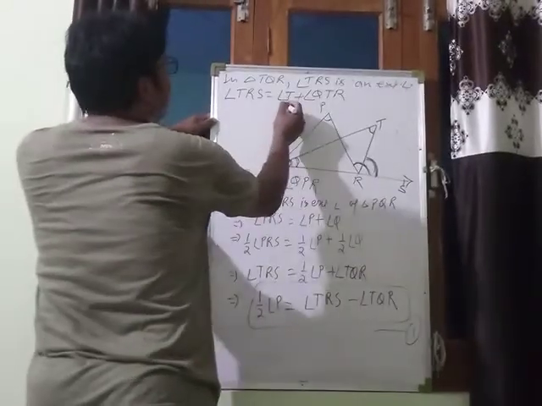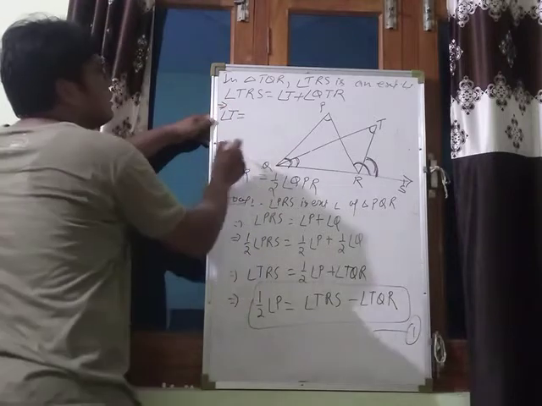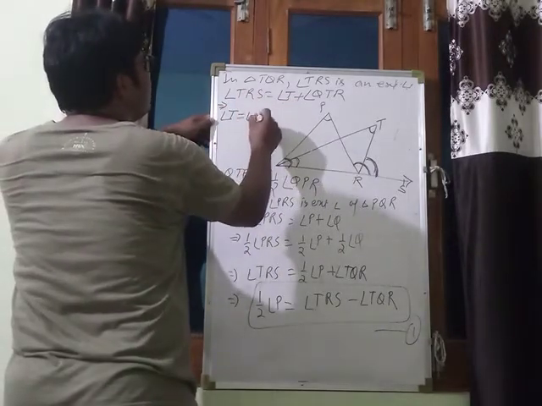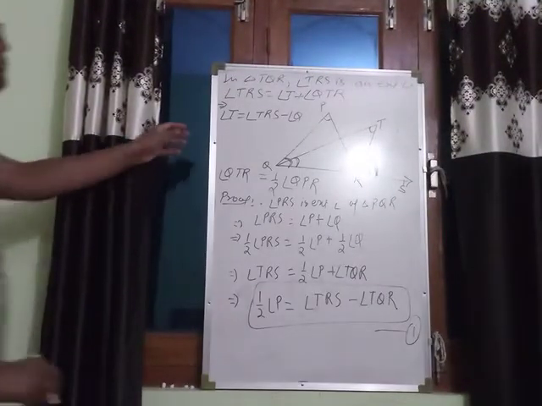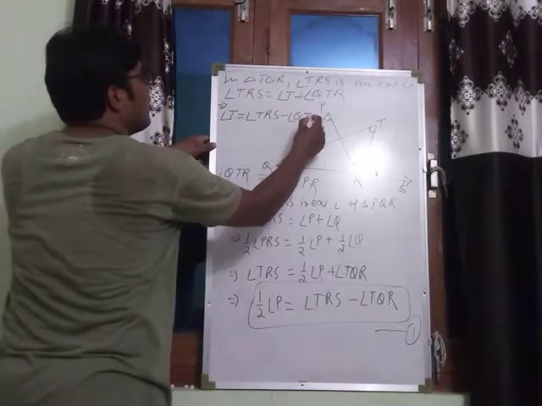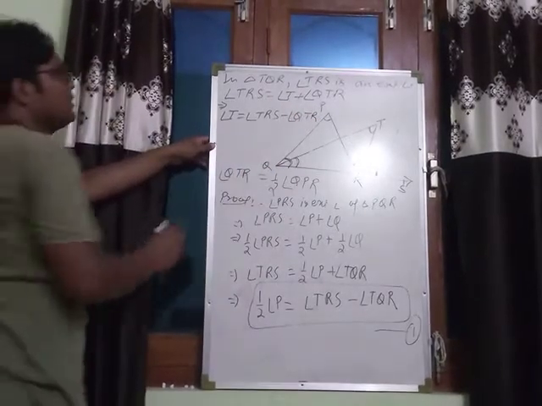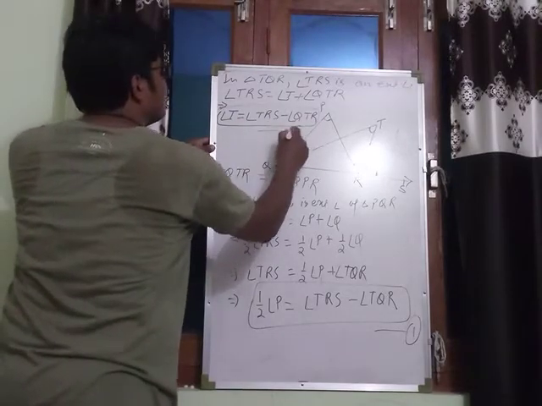Clearly from here, angle T is equal to angle TRS minus angle QTR. Suppose this is the second equation.